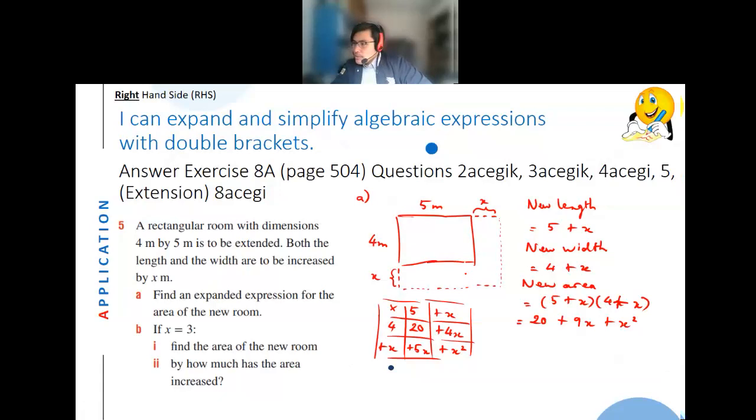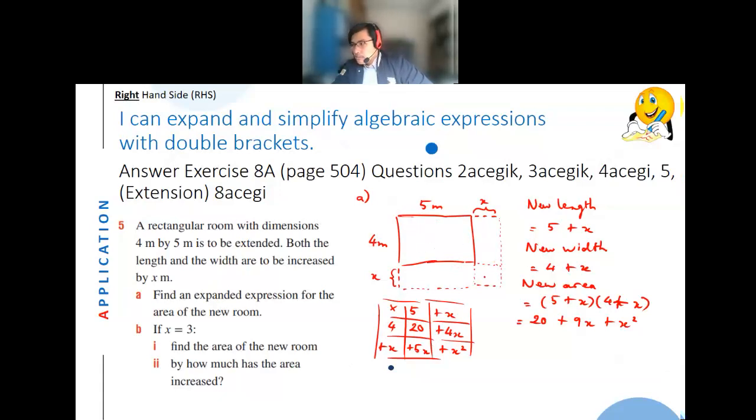Now, the other way that you can do this, instead of setting up a new table like this, if you guys remember the picture that we used at the start. Now let's compare this one with the table that we just created. They are very, very similar, aren't they? Basically they are almost the same. So here we've got the 4 times 5. What we've been doing in that table is finding the area of each smaller rectangle.